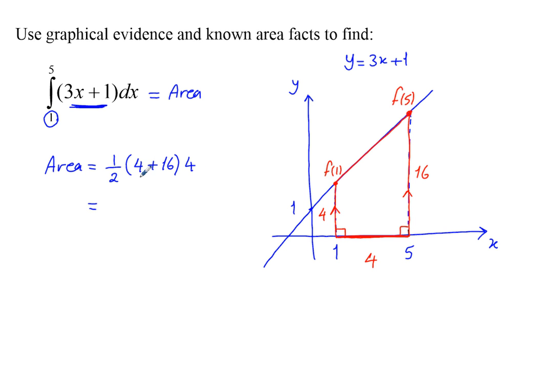So 4 plus 16 is 20, times a half is 10, 10 times 4 is 40 units squared. So the definite integral of this function from 1 to 5 is 40 units squared using graphical methods. That's using the known area facts or known area rules to find the integral.